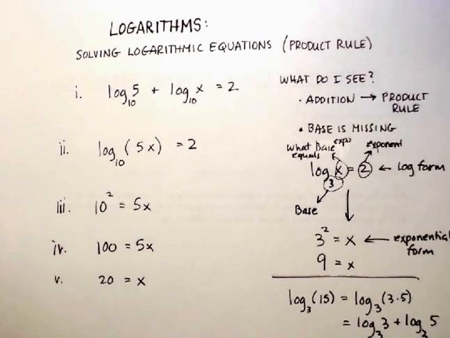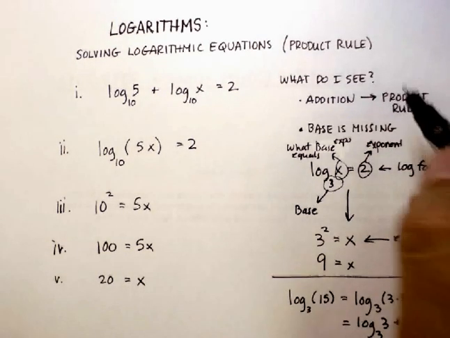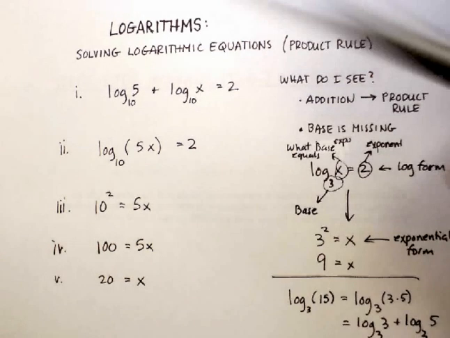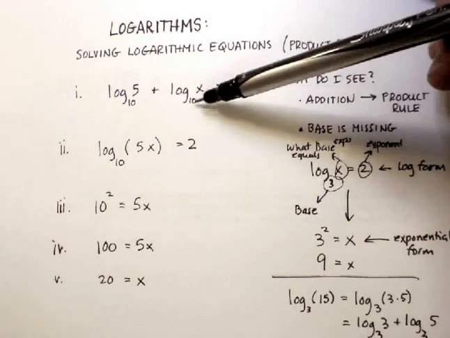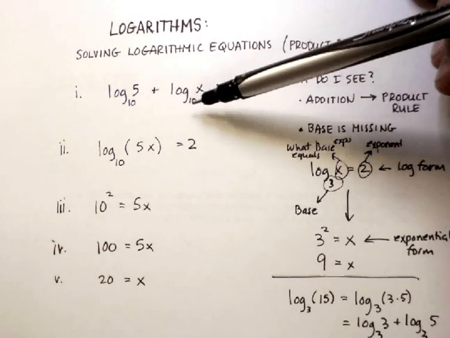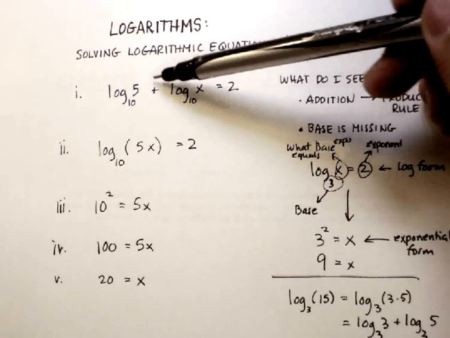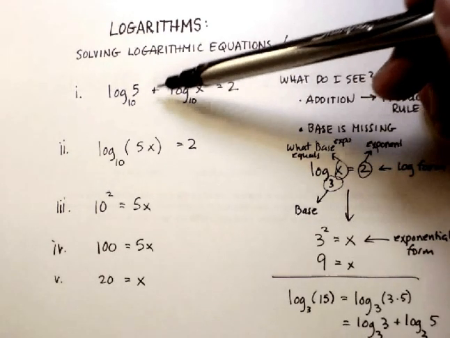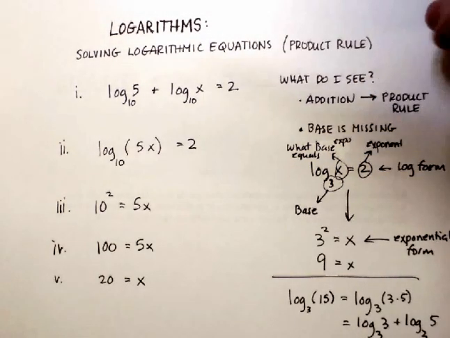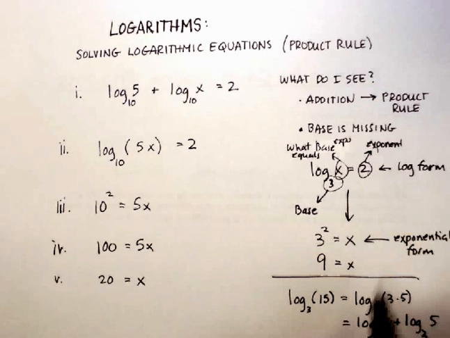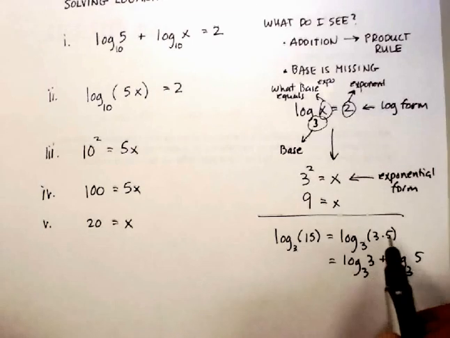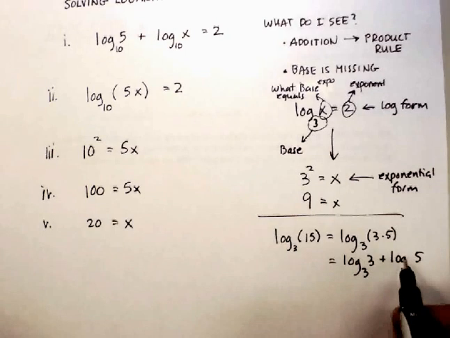I hope that was helpful. Again, remember that you should always start off your problem by asking what you see. You should notice, first of all, if the bases are there, and if they're the same. The second thing you should notice is whether it's an addition or a subtraction or a combination of the two. If it is an addition, go ahead and do the prime factors, and remember to take the log of the individual factors.